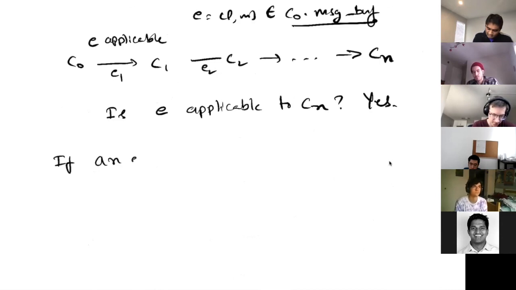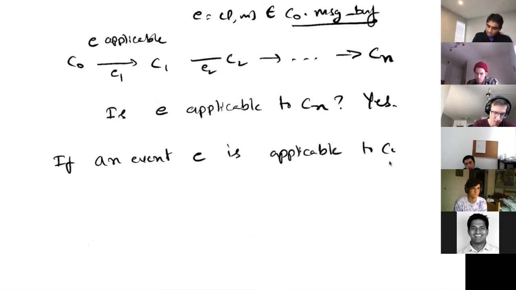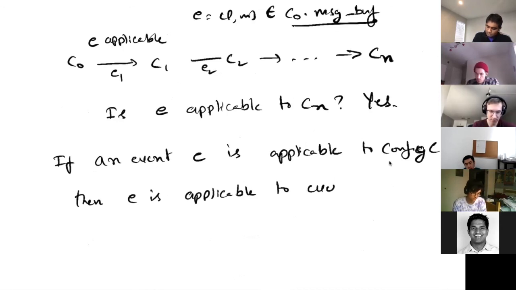So essentially what we say is, if an event E is applicable to configuration C, then E is applicable to every successor of C, where successor is defined with respect to this transition, this step relation.